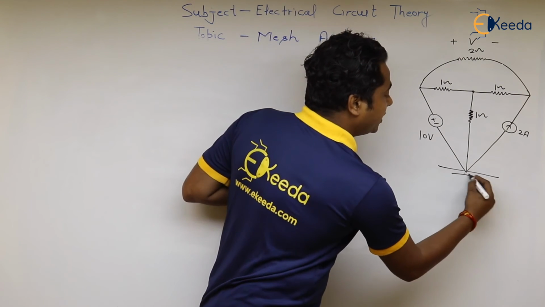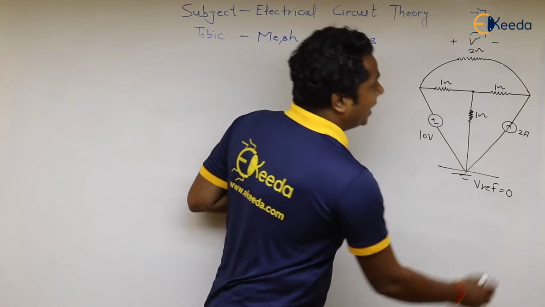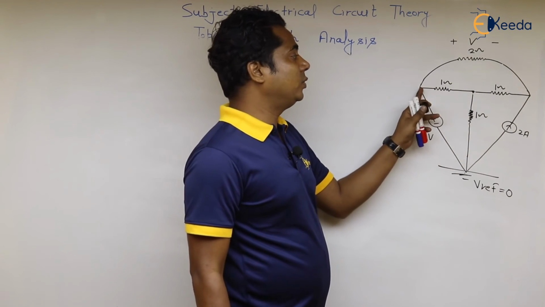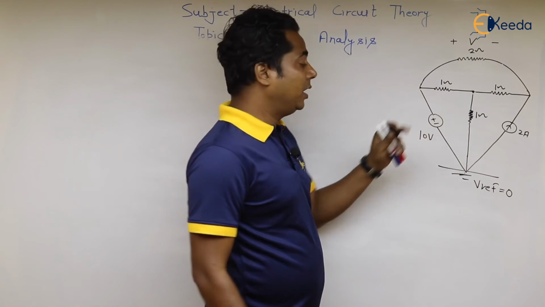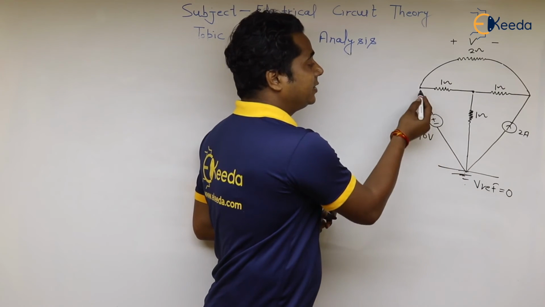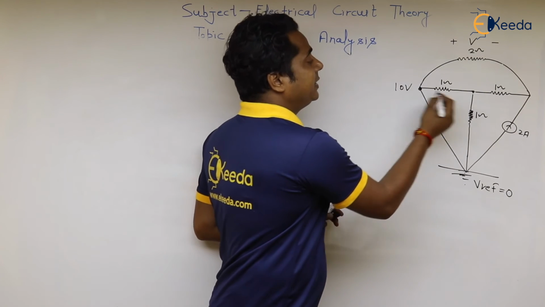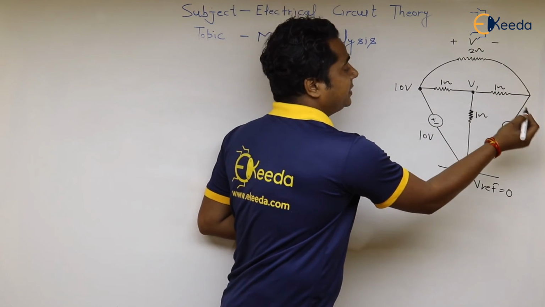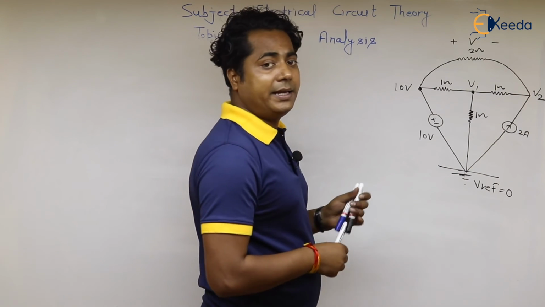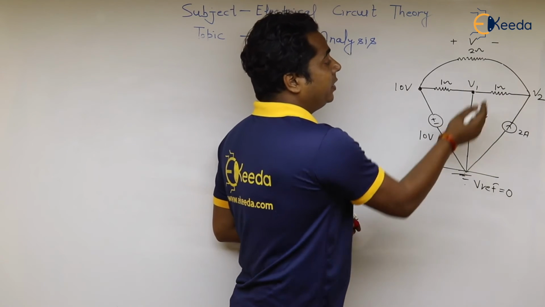Reference voltage means V reference, and that will be equal to 0, and for the remaining 3 non-reference nodes we will assign voltages. We can see that if this is 0 volt and there is no resistance between them, then this will be your 10 volt, and this is your V1 and this is your V2, and we can apply KCL at node number 1 and node number 2.